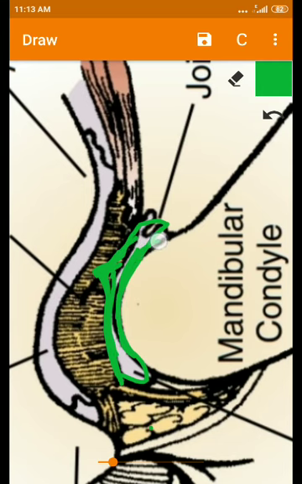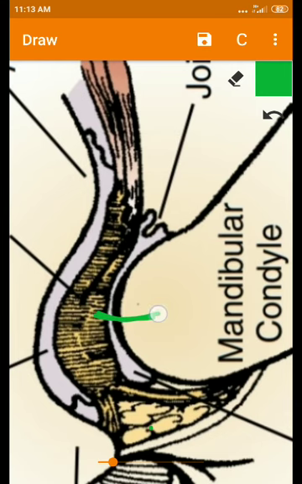The condyle and disc are firmly attached on the medial and lateral poles of the condyle. This attachment allows free rotation of the disc on the condyle or the condyle on the disc.